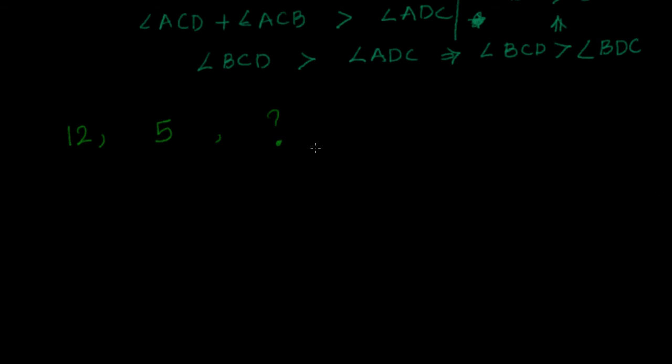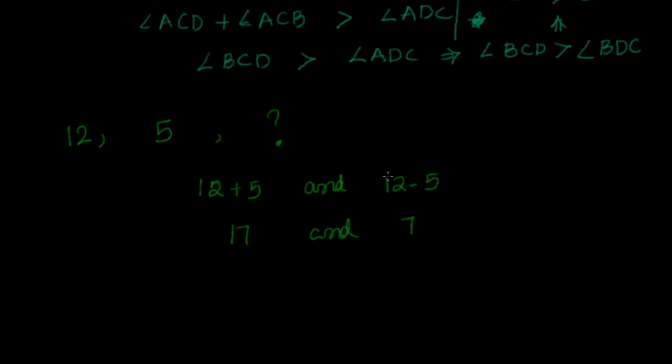That means between which values the third side should be. So the way we have to approach this is the value should be between 12 plus 5 and 12 minus 5. That means the value should be between 17 and 7.